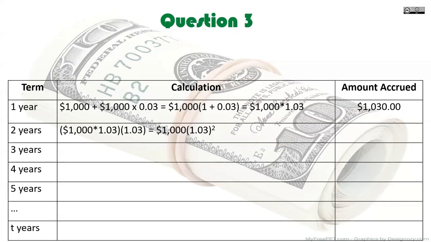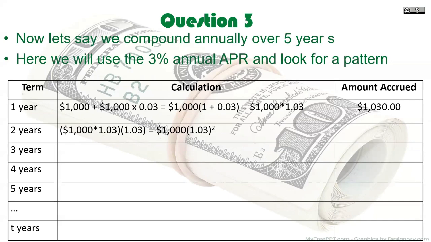In question number 3, we want to compound annually over 5 years. Here we will use a 3% annual APR and look for a pattern. So we have here our $1,000 principal plus the interest we earned, because the interest is the principal times the APR here, and it's 1 year.